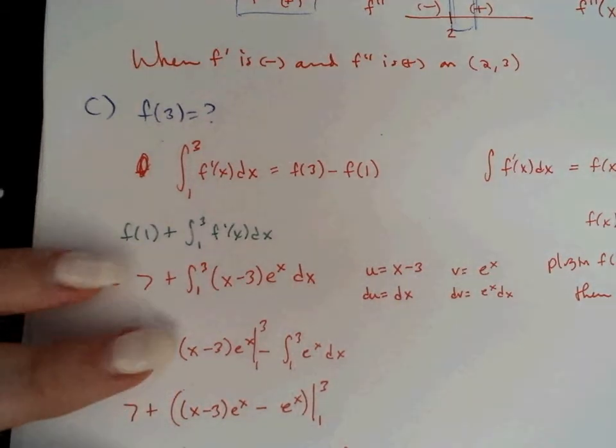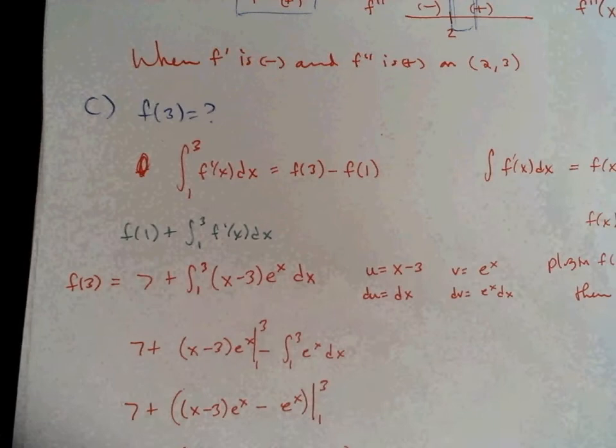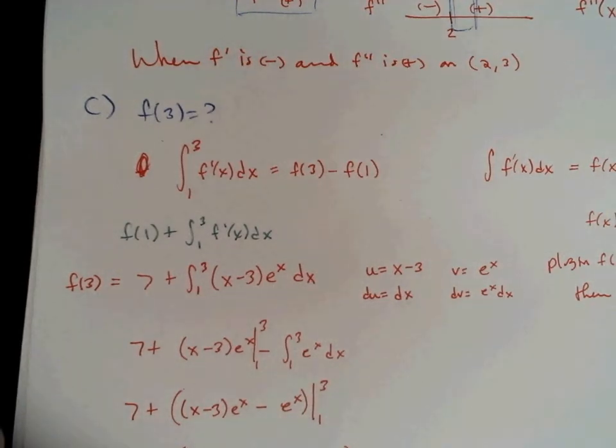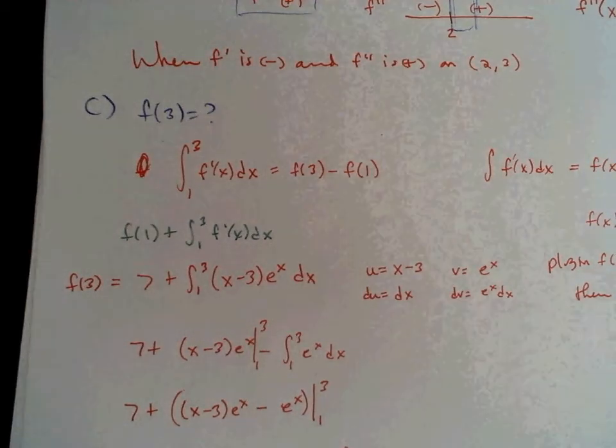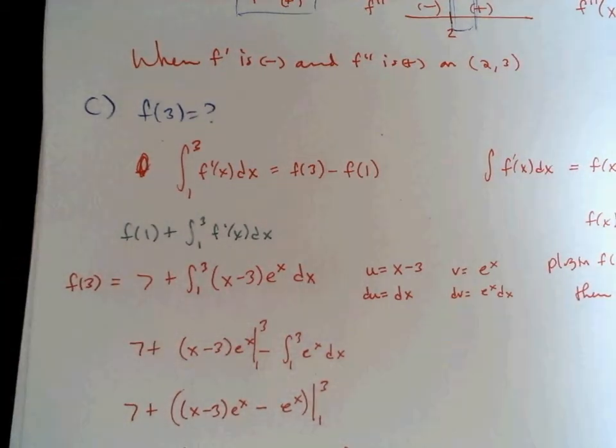That should be good enough, although if I simplify that, it could be minus 3e, so plus 3e. So 7 plus 3e minus e cubed, and that is it. 7 minus e cubed plus 3e.